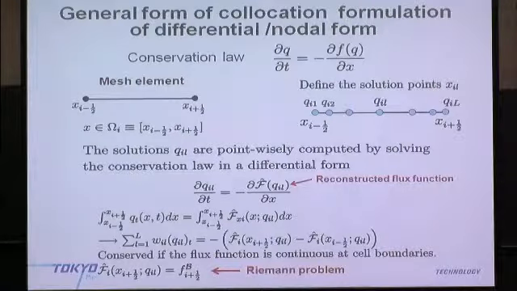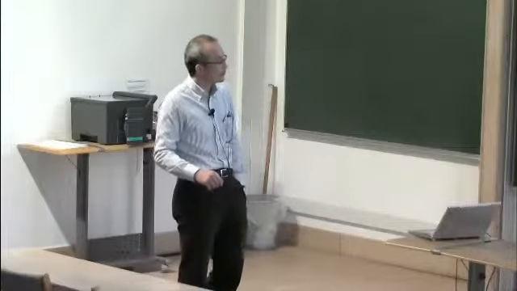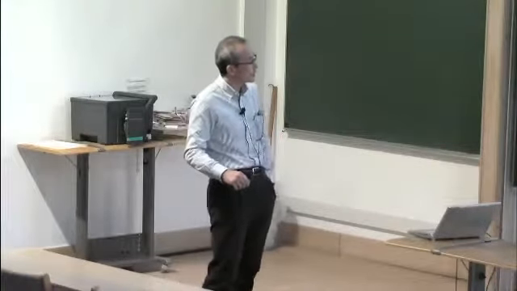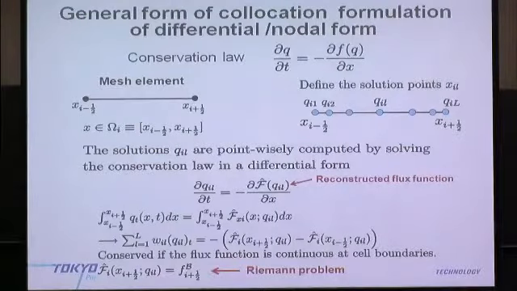Okay, this is just a perfect finite volume formulation. And the thing is that we need to make this numerical flux continuous at a cell boundary, to be a certain value. The value needs to be calculated from a Riemann solver.